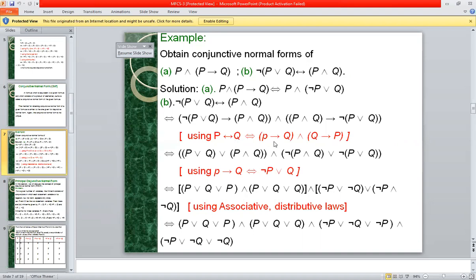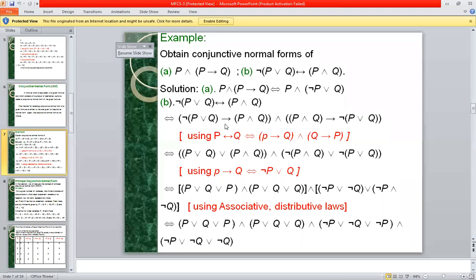Here we apply P biconditional Q, which is equivalent to P implication Q and Q implication P. In place of P we have negation of (P or Q), and in place of Q we have P and Q. So negation of (P or Q) implication (P and Q), and (P and Q) implication negation of (P or Q). Next step, negation (P or Q) implication (P and Q).